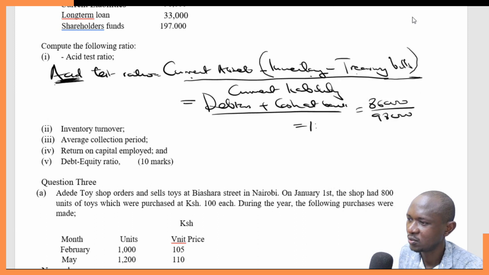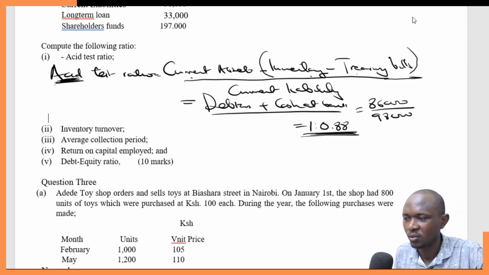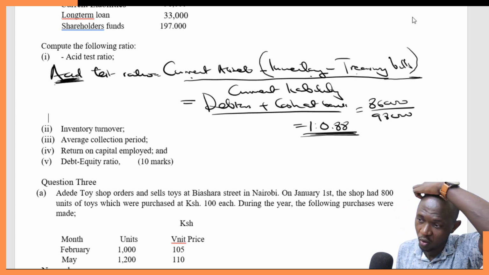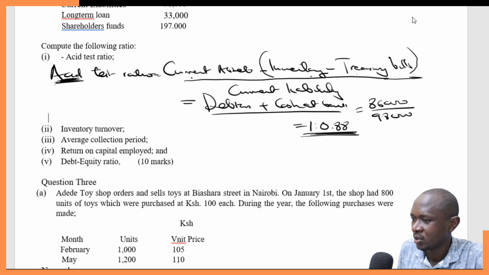So we say the ratio is 1 to 0.88. That is the answer to that question. You can say 0.88 or 1 to 0.88. When you divide 86,000 by 98,000, you get 0.88.